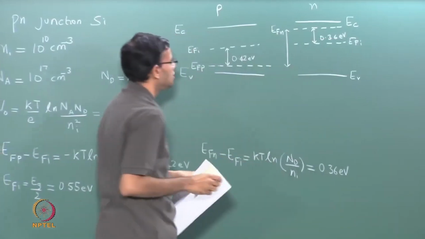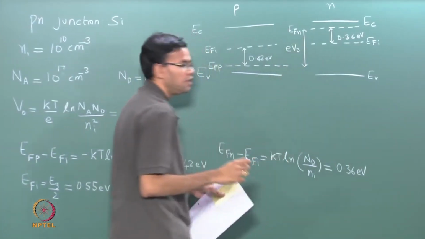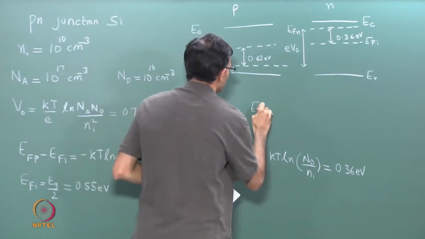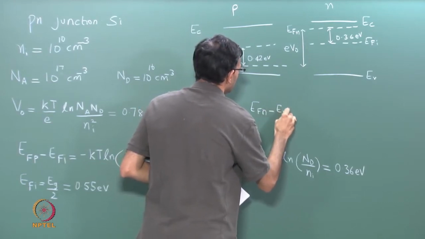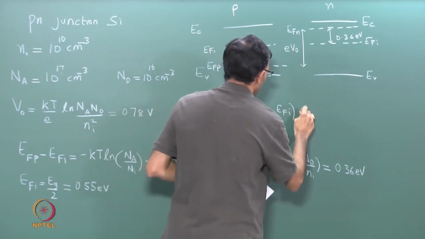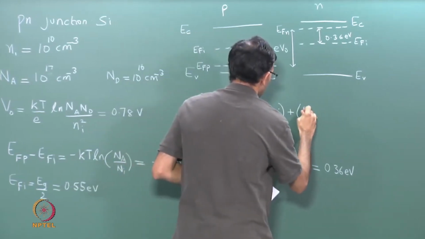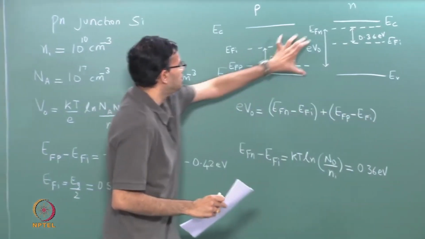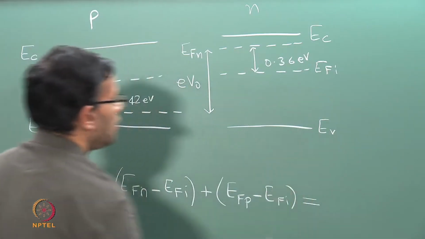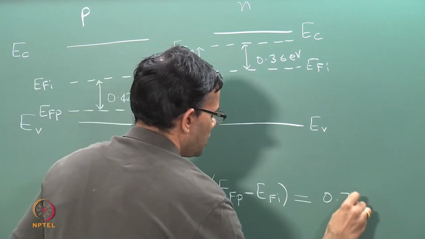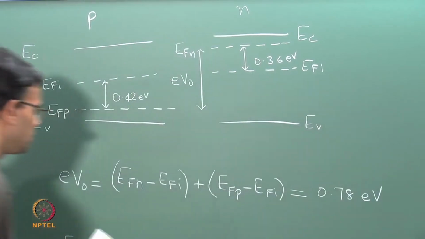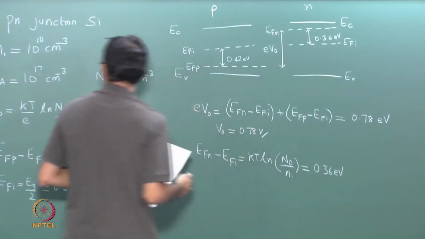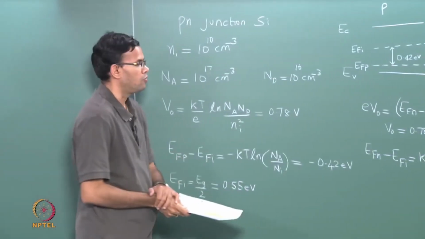So, this overall distance is nothing but my contact potential, eV naught, and if you look at it, eV naught is EFN minus EFP, so that this entire distance is equal to 0.78 electron volts, which gives you V naught to be 0.78 volts, which is the same value that we calculated from the formula.